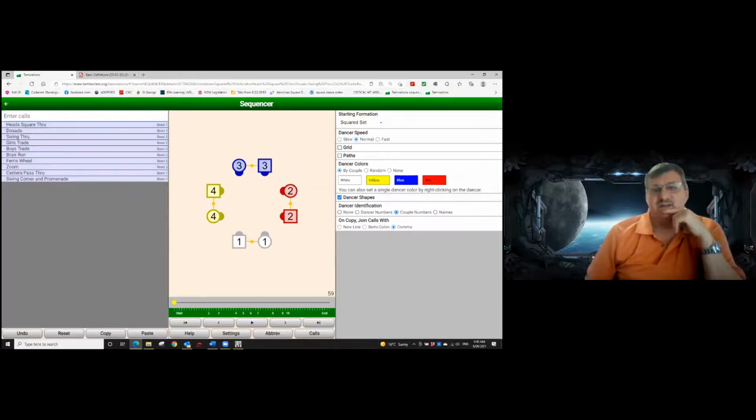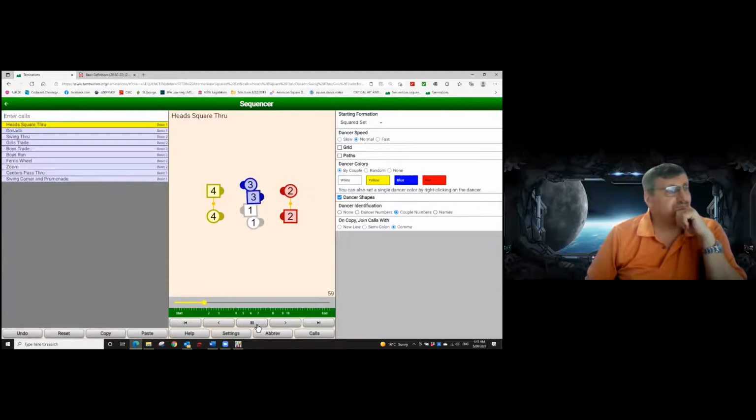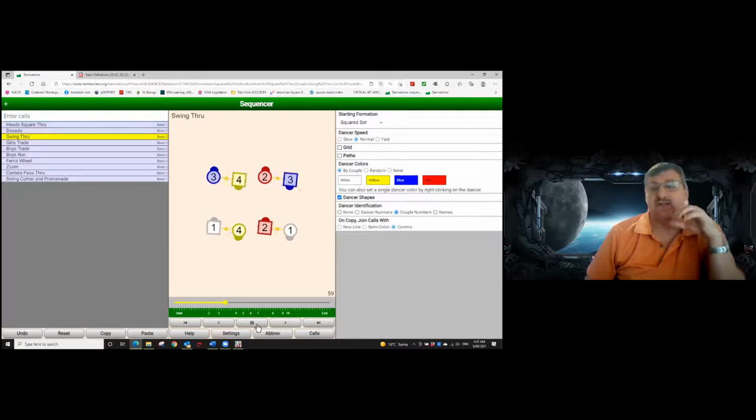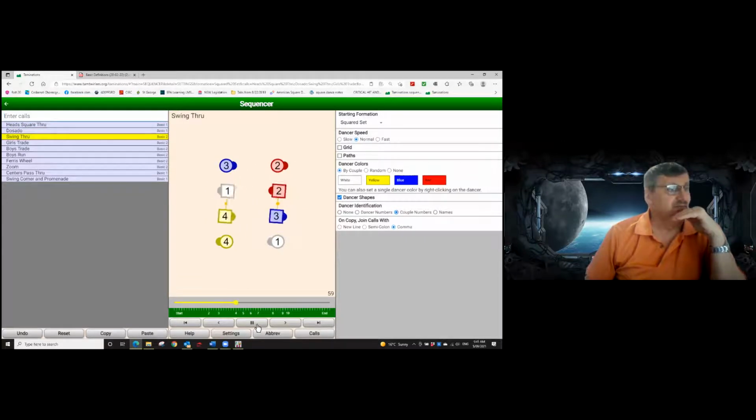But here's another one that happens all the time, and that is Ferris wheel and zoom. So if we look at this action, these are all taken from singing calls that are out there, old historical documents and things like that, that are common use. So we've got the Ferris wheel and the zoom.